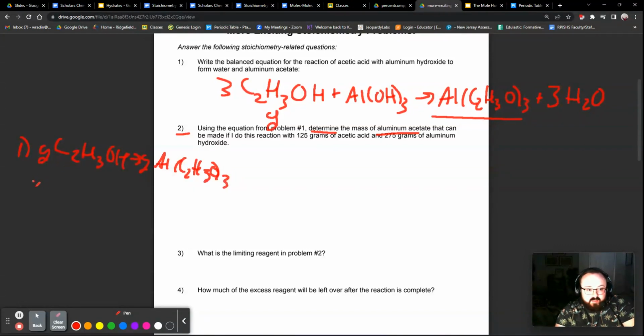And then the other one is going to be grams of Al(OH)3 into this one as well. So this is a more involved one. This is definitely a challenge problem. So if you would like to do it, pause my video, go through it. I'm going to have the work done with the answers up here.